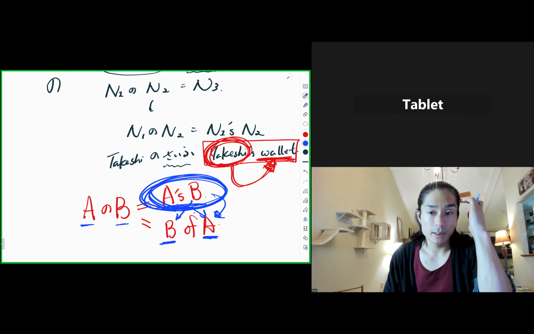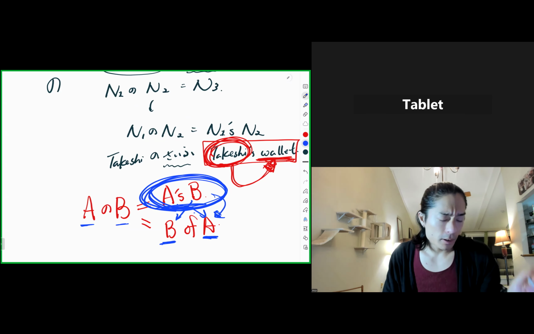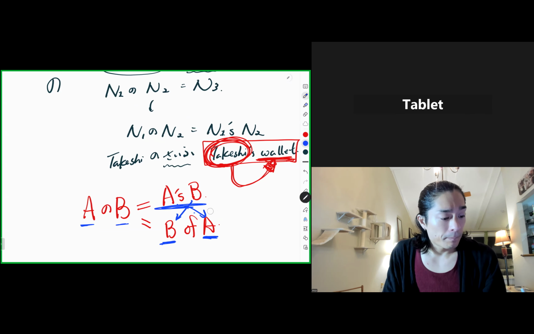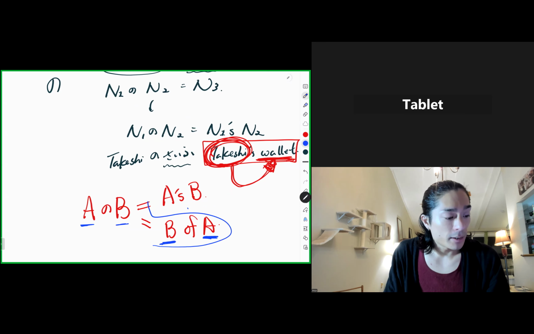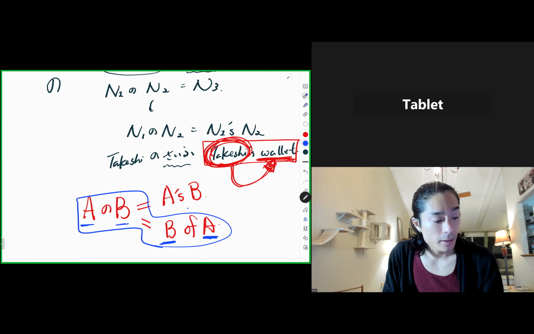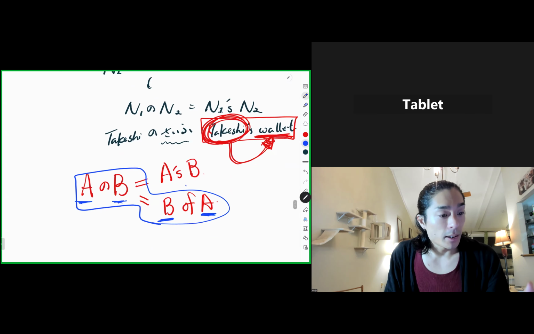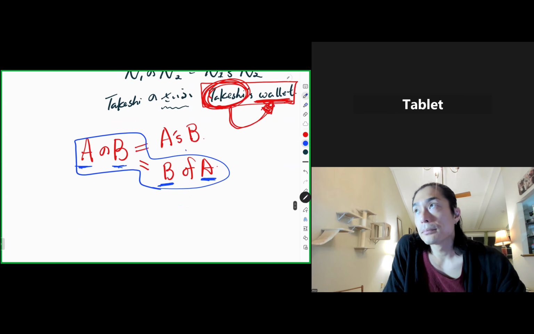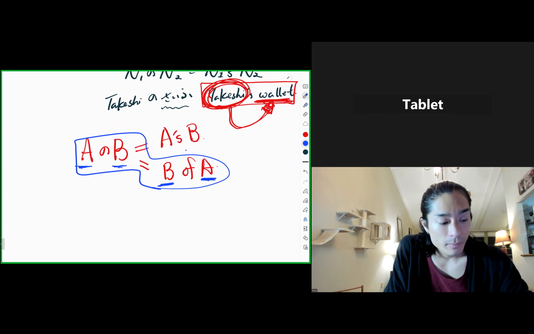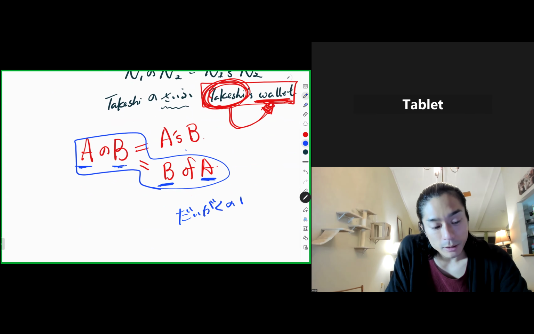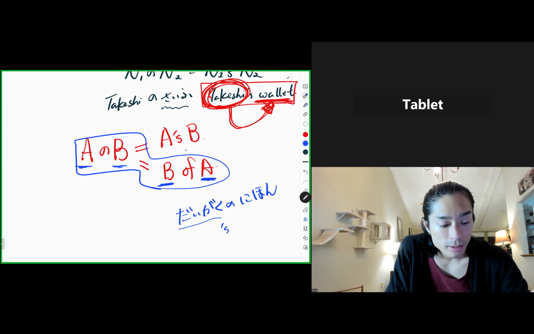So that's my recommendation. A common mistake is that students memorize it this way first, okay? And then they forget that the order is flipped. So they just, for example, say something like 大学の日本. Universities Japan.